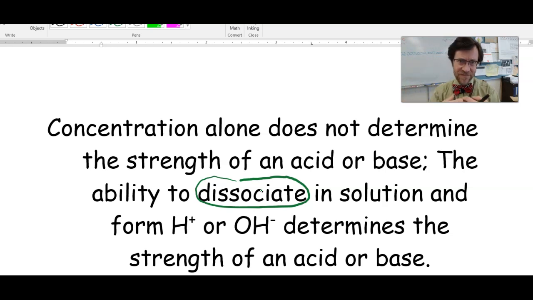The rest, the hydrogen ions are still bonded into the molecule. The vinegar we get at the store is usually like 5%. If you made it concentrated enough, you wouldn't be putting it on your salads because it would wreck shop. But even if it was very, very concentrated, it is still categorized as a weak acid.